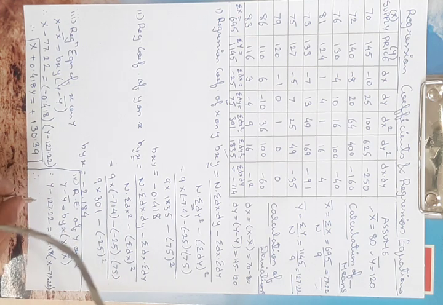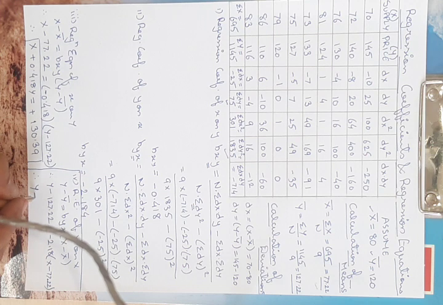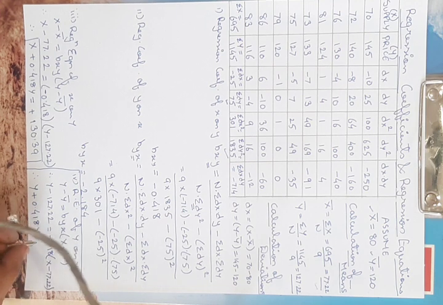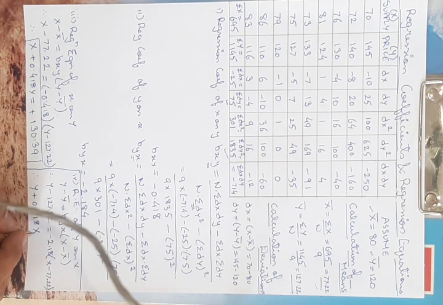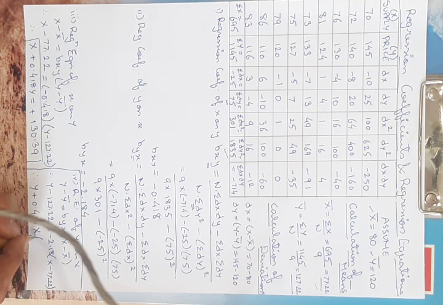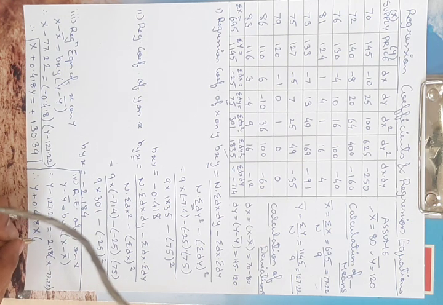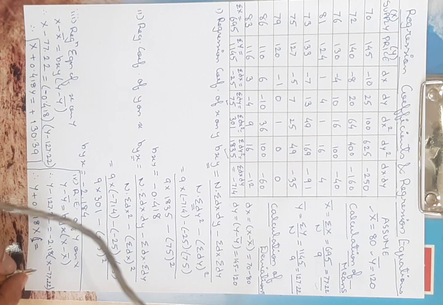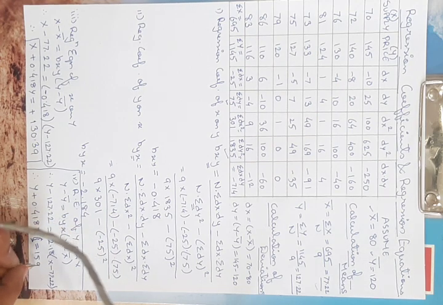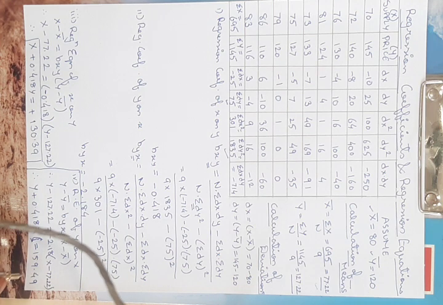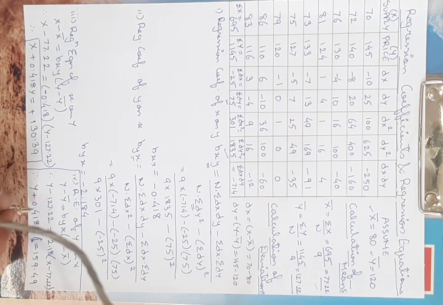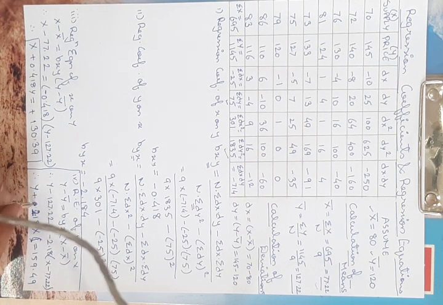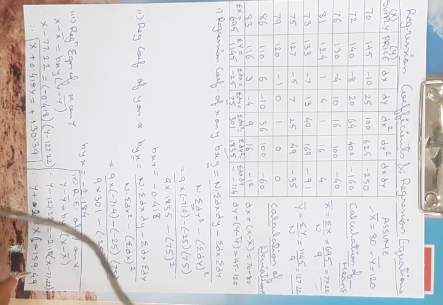Therefore, the final equation is y plus 2.18 x is equal to 159.49.